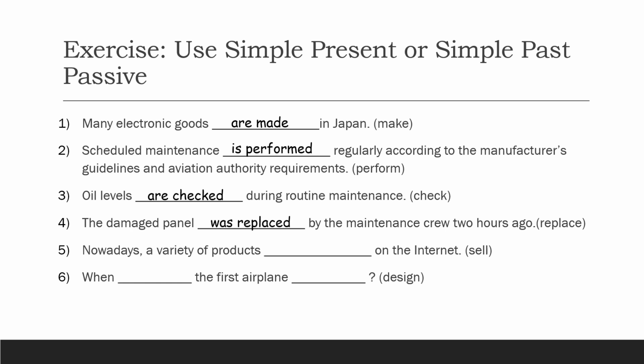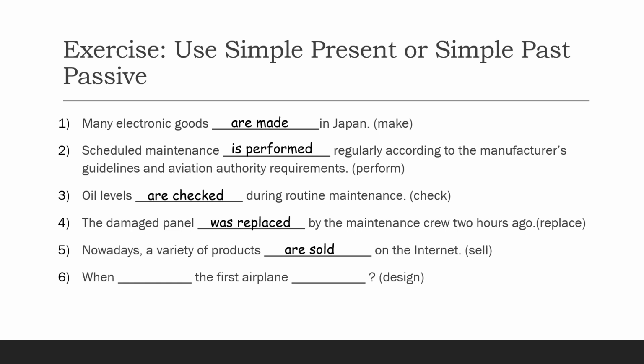Nowadays, a variety of products on the internet. Nowadays, so it's in present tense. Nowadays, a variety of products are sold on the internet. The last one is a question.